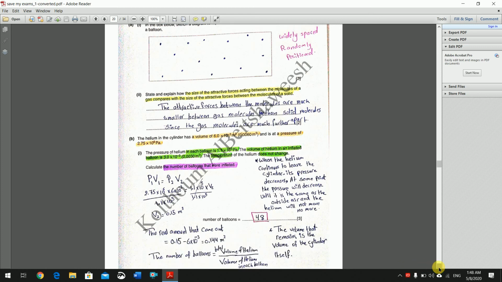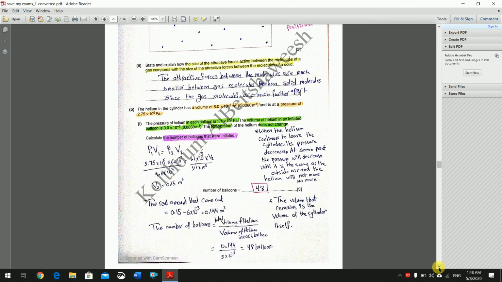Now please pay attention to this one. This is very important. Now the helium in the cylinder has a volume of 6 times 10 to the power of -3 meter cubed, and is at a pressure of 2.75 times 10 to the power of 6 pascals. So this is in the cylinder.